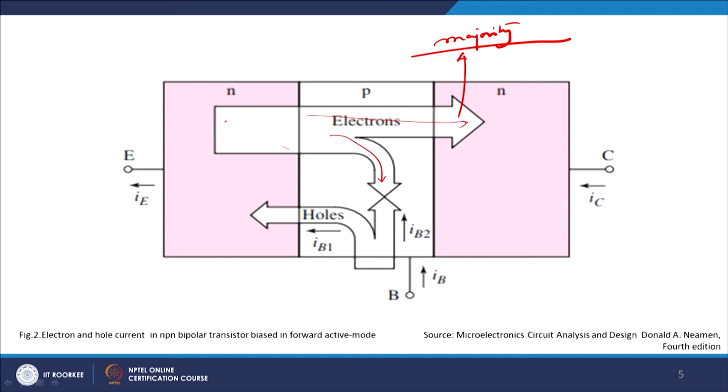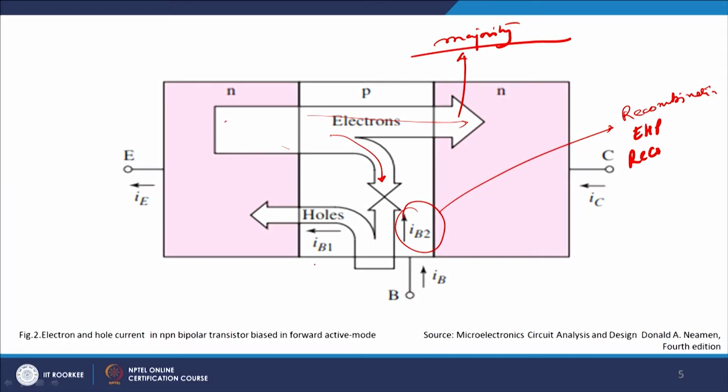This is what is known as recombination. So IB2 is because of recombination between electron and hole. This is my recombination current, which is because of electron-hole pairs getting recombined, and therefore the current which is flowing is IB2.